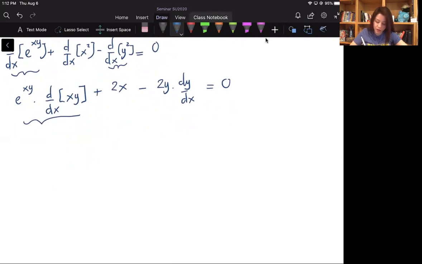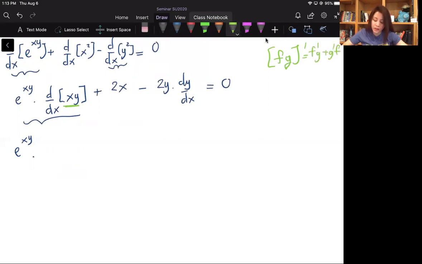So let me rewrite e to the xy times the derivative with respect to x of xy. Here we're going to apply the product rule, right? If you take the derivative of two functions f and g, (fg)' is equal to f prime g plus g prime f.